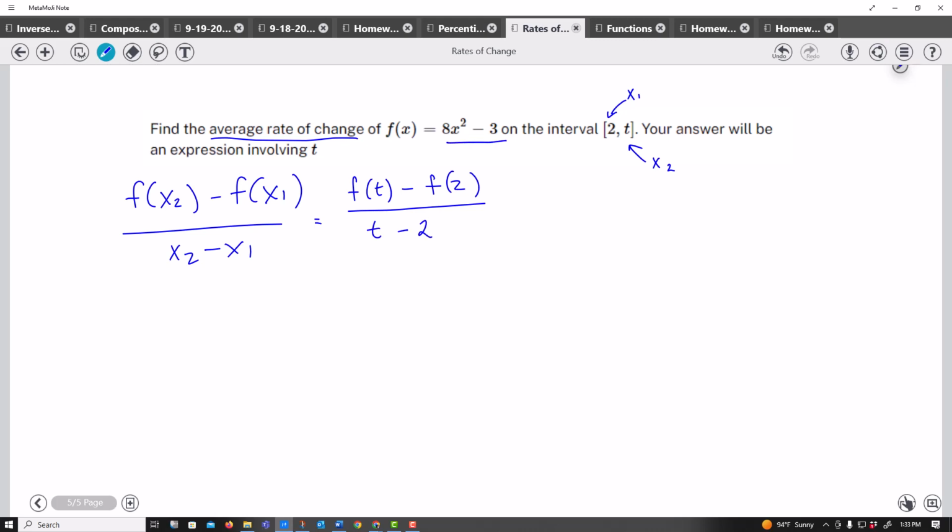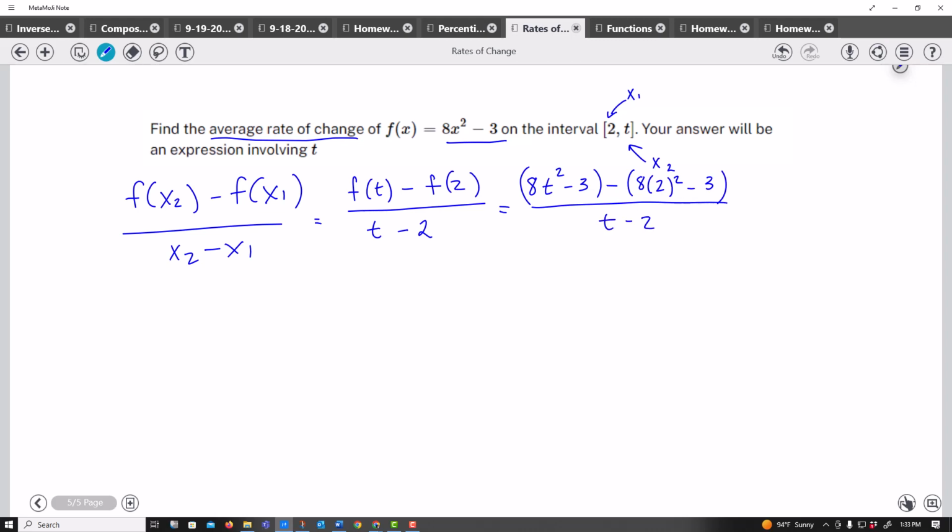So I plug everything in here with a t, so 8t squared minus 3. So that's just this first piece. And then minus 8 times 2 squared minus 3, and then still all over t minus 2.